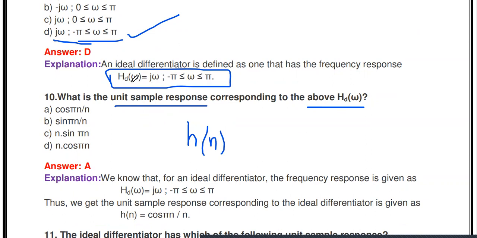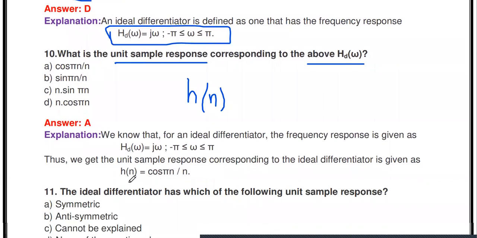As we discussed in signals and systems, unit sample response is another name for unit impulse response, and if you take the Fourier transform of h(n), you will get H(ω). So what is the unit sample response of the ideal differentiator? The h(n) formula is cos(πn) divided by n.